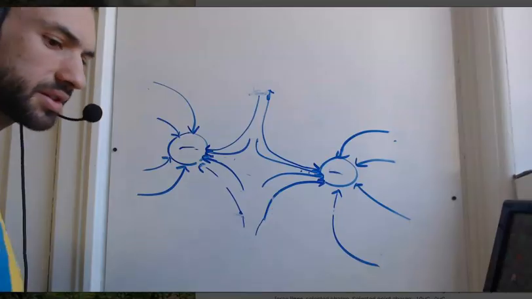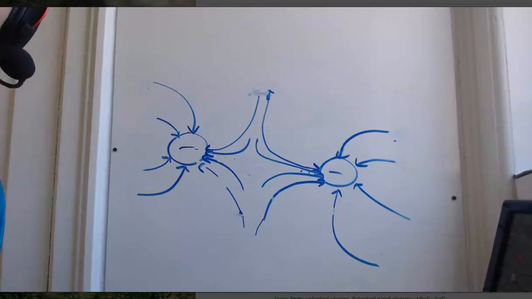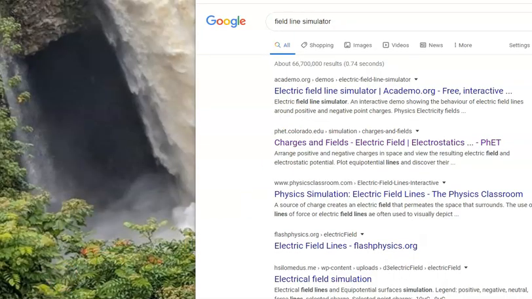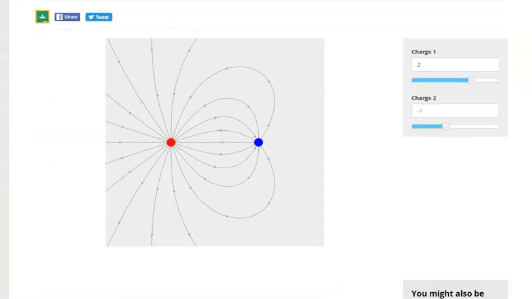And now I'm going to show you this little simulation that I put on the website as well. Okay, so basically I've got two charges, charge 1 and charge 2, and I can change the value.